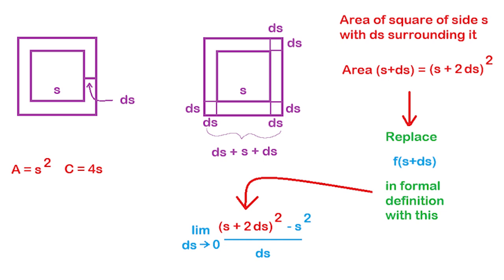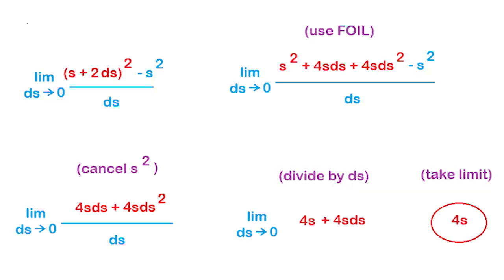Let's try plugging the formula for the area of this thing into the derivative and see what happens. We start with our (s plus 2 ds) squared minus s squared, over ds. Write out the expanded power with the FOIL method. Cancel out the s squareds.